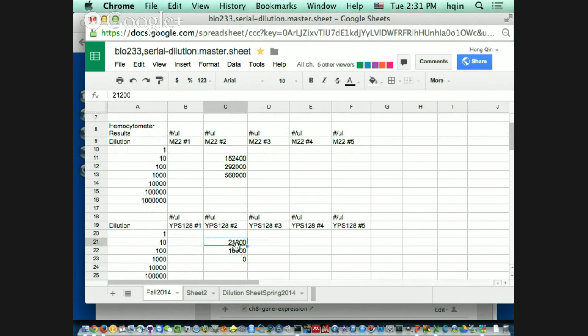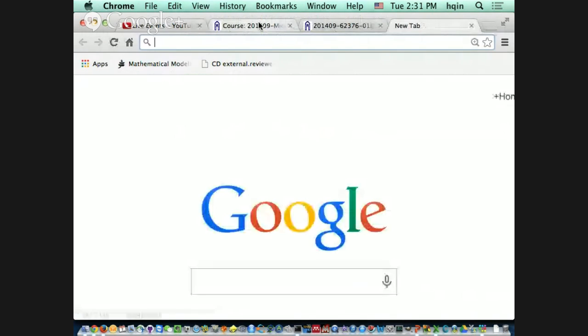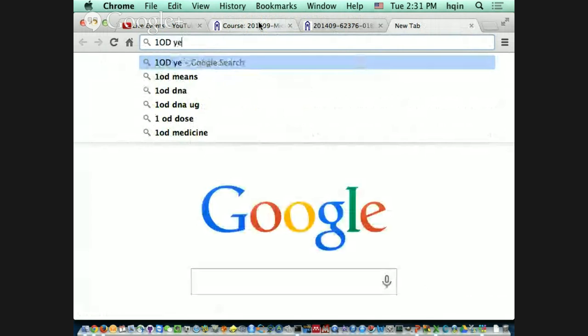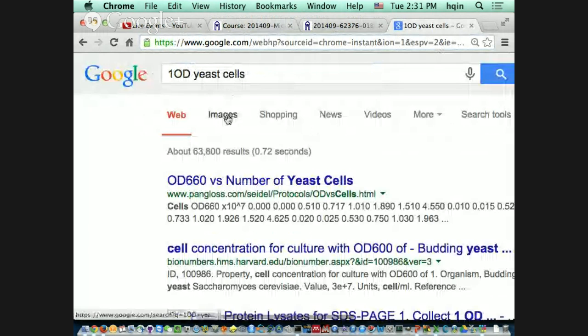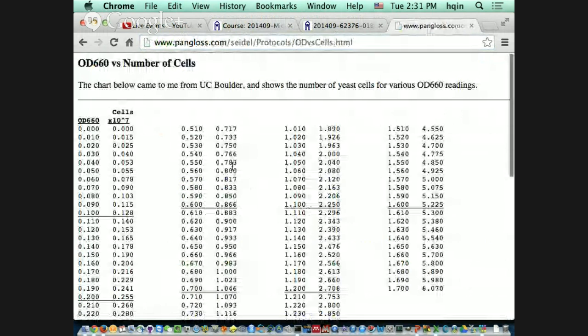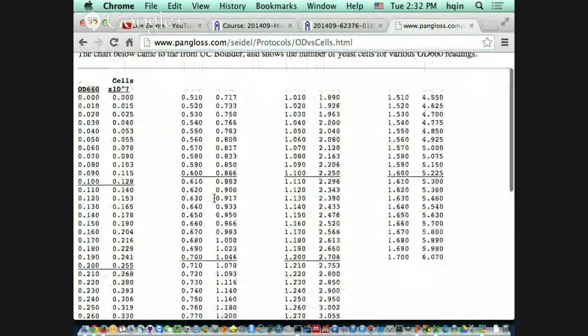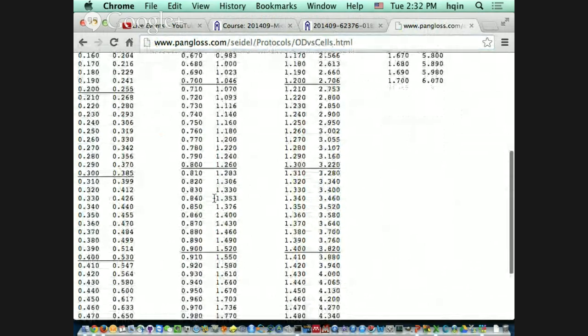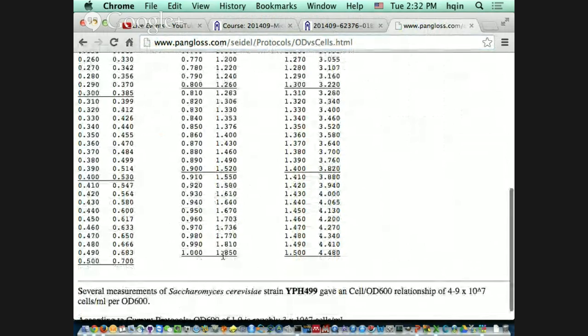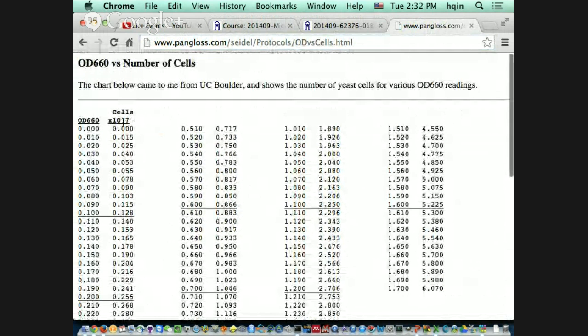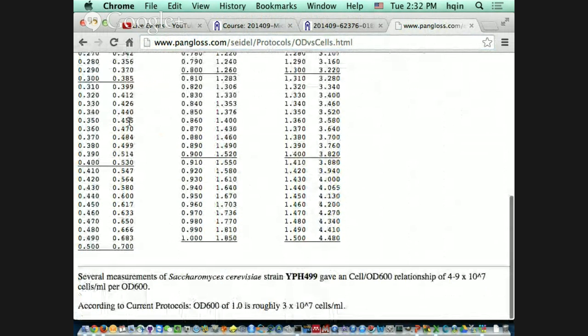In fact, you can Google 1 OD yeast cell. That's OD 660, but it's approximate. 1 OD is about 1.85 times 10 to the 7 cells per, what's the unit here? It didn't say the unit. Per mil.